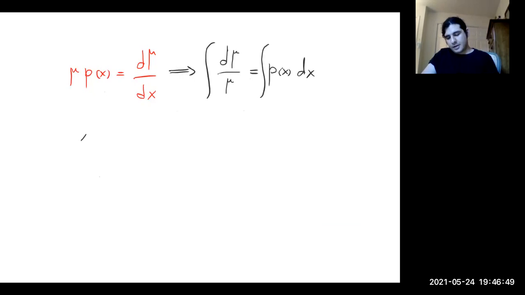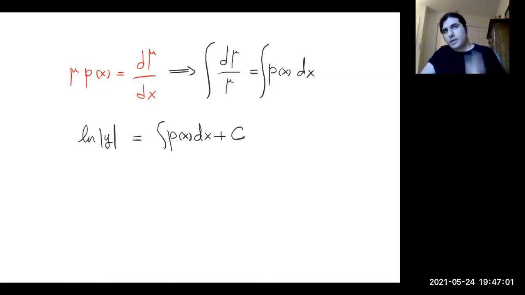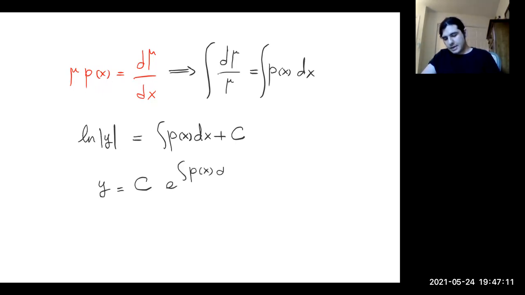The left-hand side would be ln of the absolute value of mu plus a constant. I would take that to the right side. Now we are looking for one solution. If I take the exponential of that, mu would be c e to the integral of p of x dx.